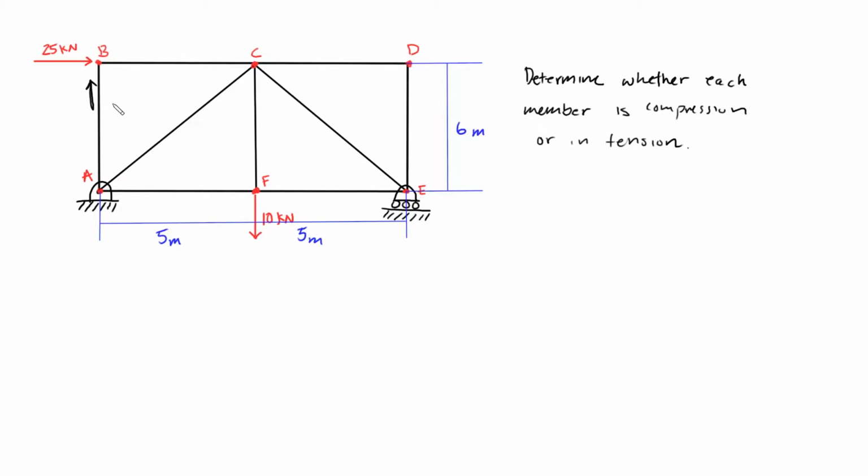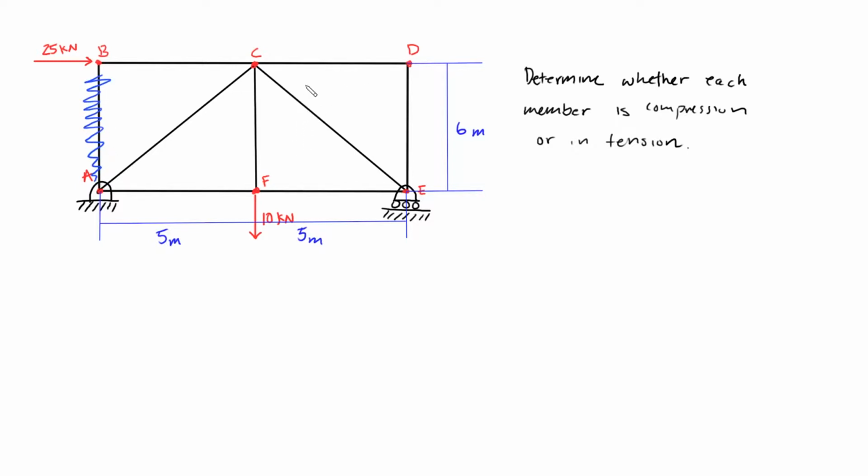So that means this member AB must be a zero force member, because if it wasn't, a force would be applied at B pointing upward, which would cause this joint B to move upward or rotate around some pivot around here. So that means the zero force member is AB.